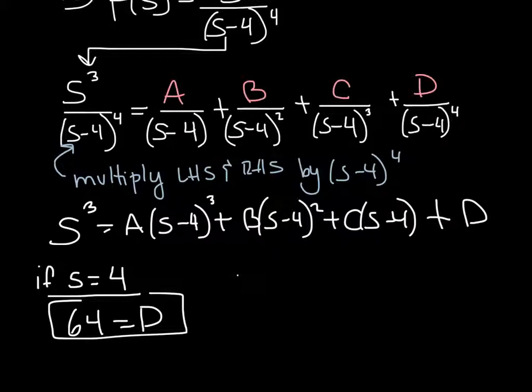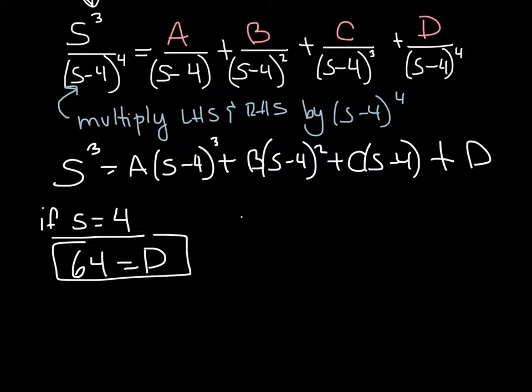So we need A, B, and C. We already input 4, so that's not going to give us anything new. So to find A, B, and C, we're going to differentiate this.